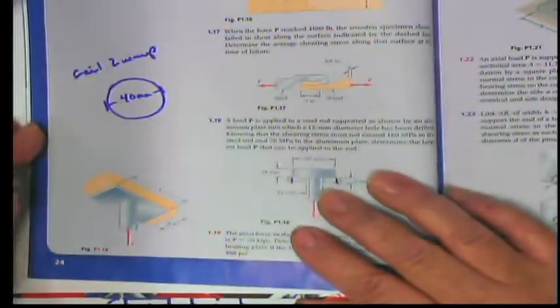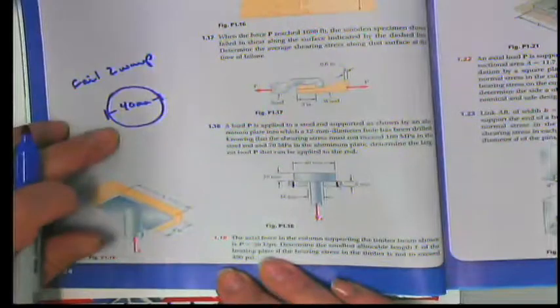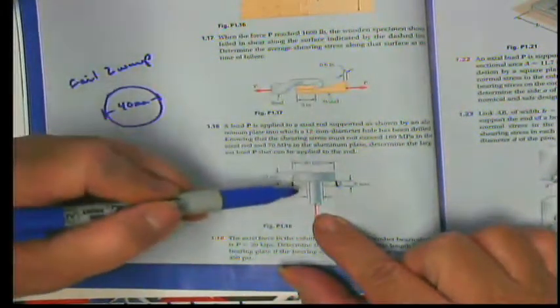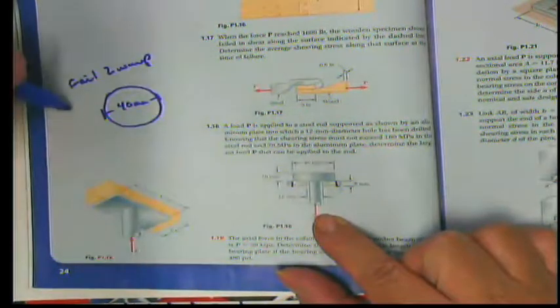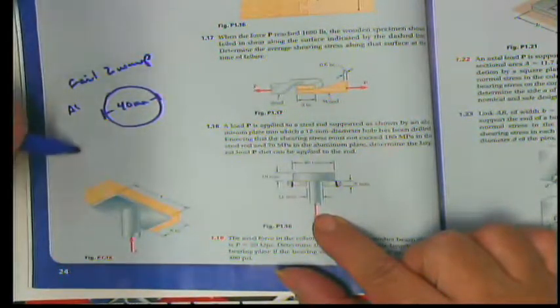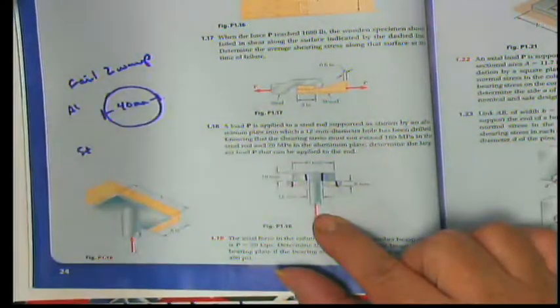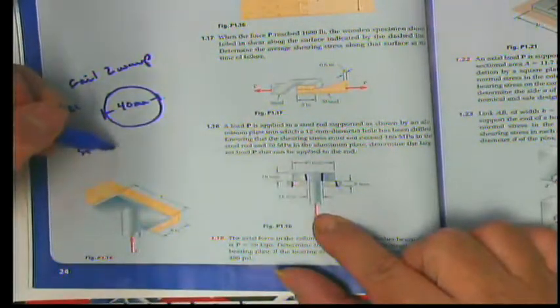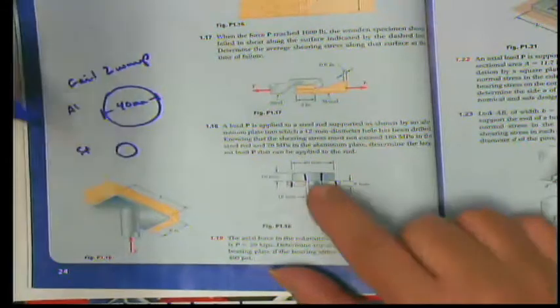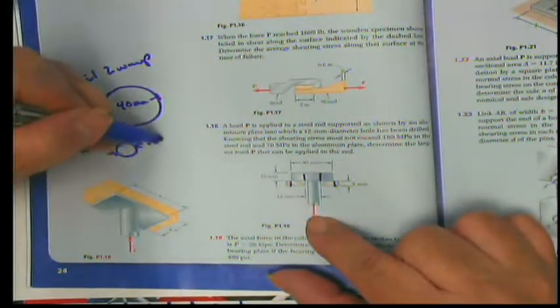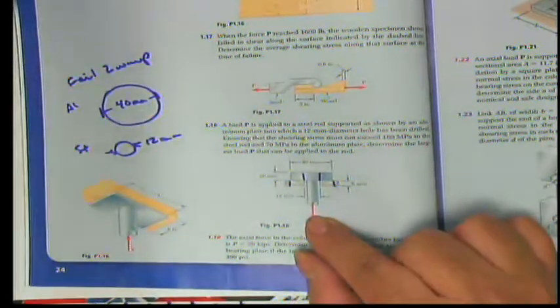Is that better? Do I have everything in the picture? Okay. The other way it could fail is if the steel rod fails. What's going to happen is it's going to pull right through here. For the steel, it's still going to be a circle, but this time the circle is going to be 12 millimeters.